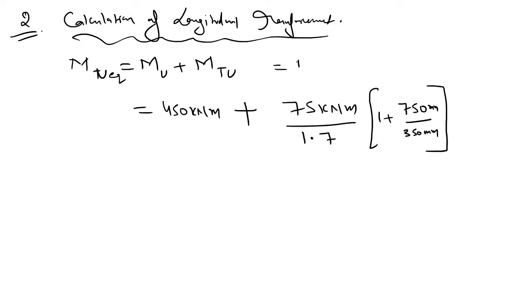So because it is Mu plus Tu over 1.7 bracket 1 plus capital D by capital B, this will give you the result in kilonewton meter. So let me check this. How much is it? Please calculate it. I think it is 588.6.